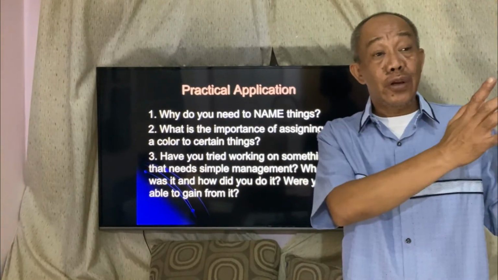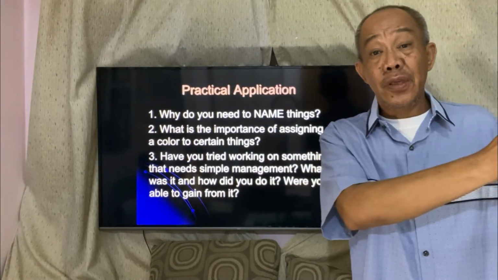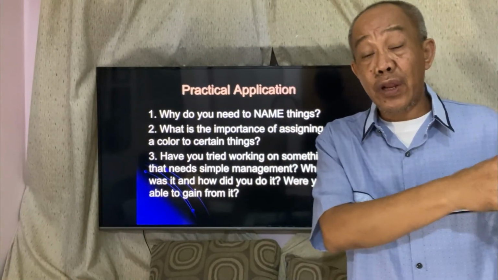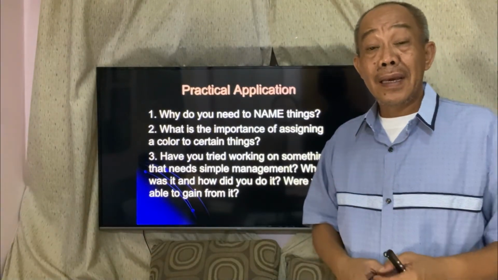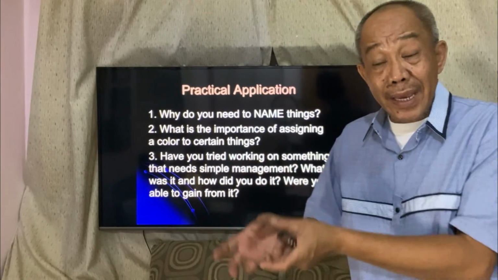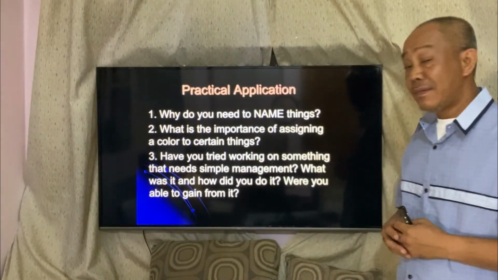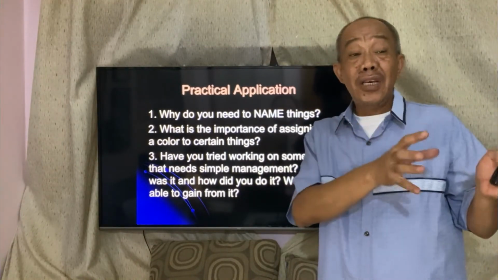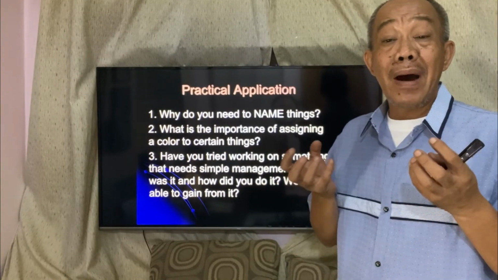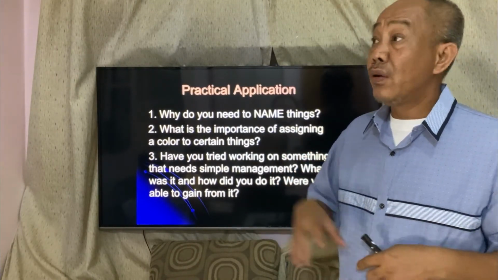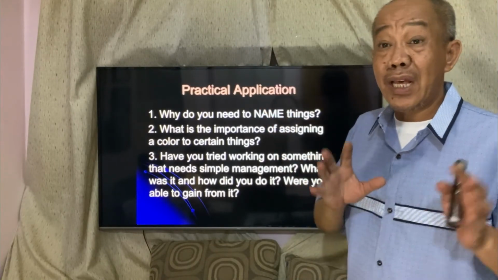There are places where, in your study table, you have a place where you put your notebooks, your ball pens, and then your diary. So you have to arrange them properly. Arranging things is a simple way of managing so that you can easily find what you're looking for, right?